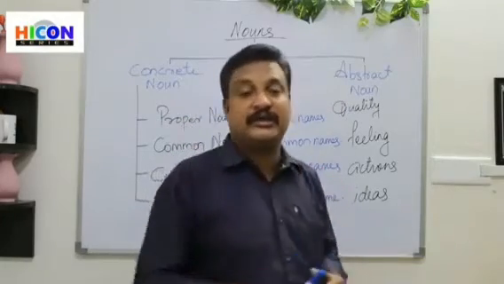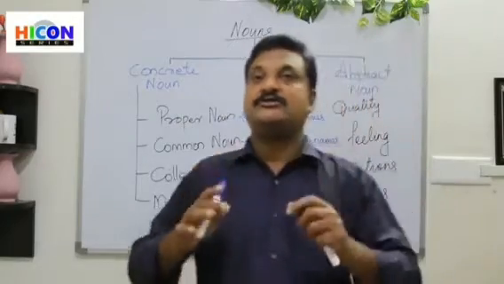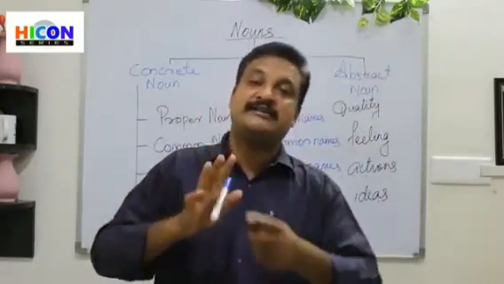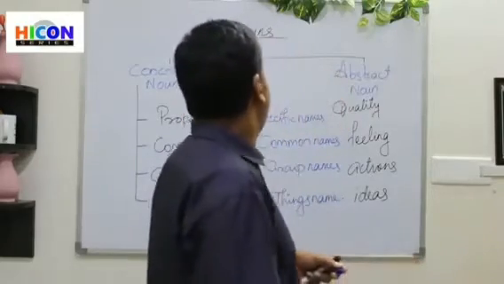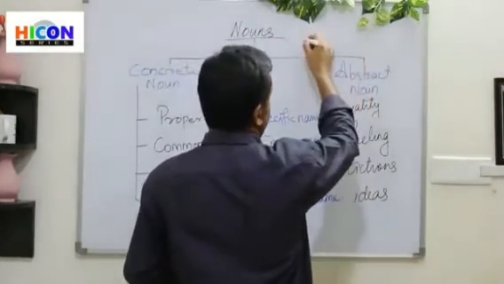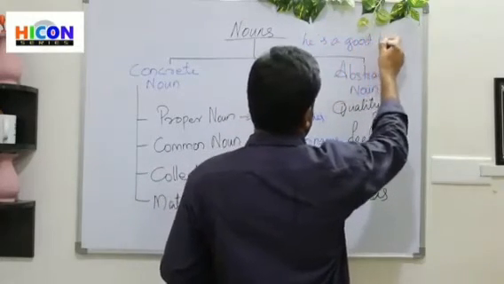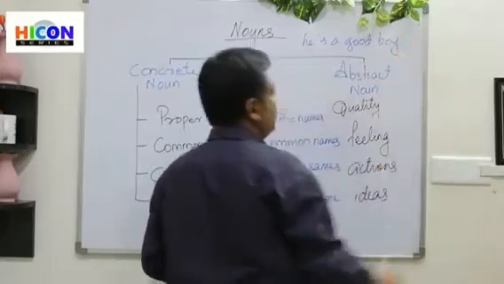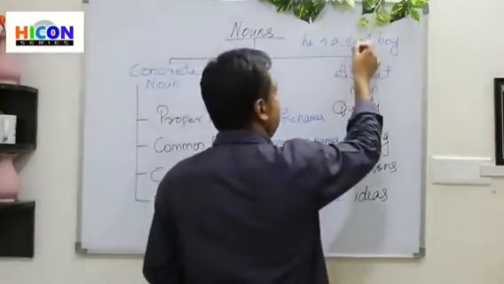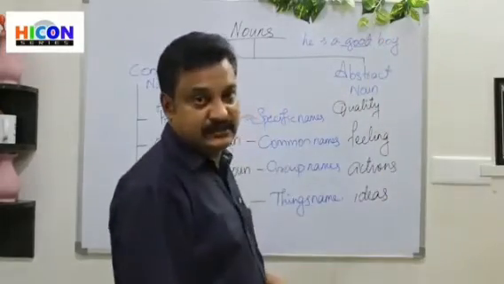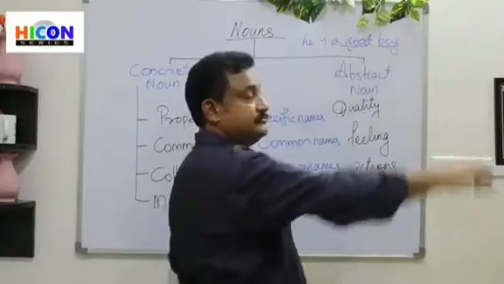Now, abstract nouns usually come from the adjective form of a word. Abstract nouns are nouns that usually get derived from the adjective part. For example, as I said earlier, he is a good boy. In that, good is an adjective, isn't it? The word good is describing the word boy.